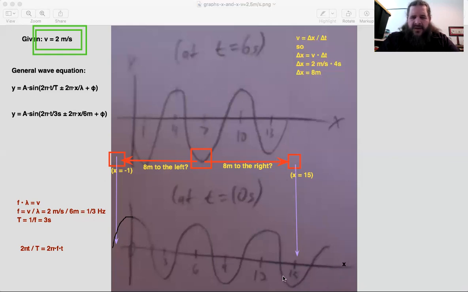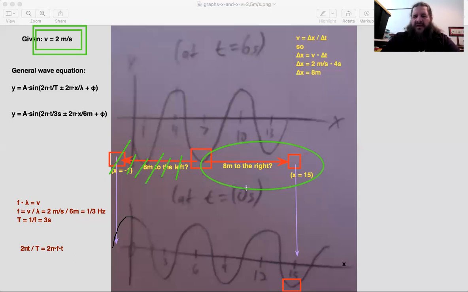So what we can conclude then, since we know that the wave travels 8 meters, and this is a trough that is 8 meters away from this trough, we can ignore the stuff to the left. And we can say that this moving 8 meters to the right is what really happens, because we know that at time 6, there's a trough at 7 meters.